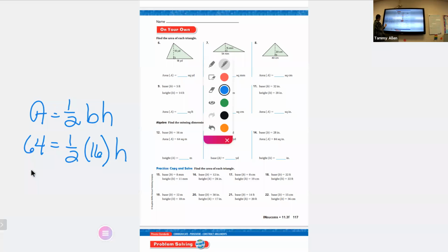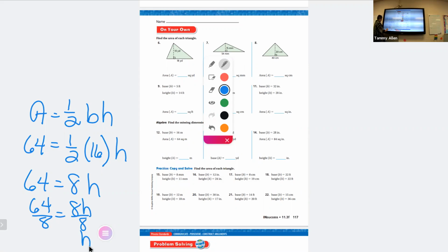So we have 64 equals 8 times h. How do we get rid of multiplying by 8? Divide by 8, and whatever we do to one side, we do to the other. So the height has to equal 8, and our label is?